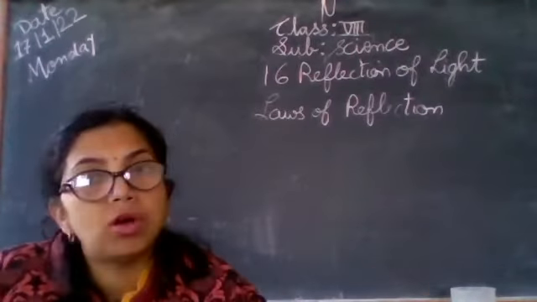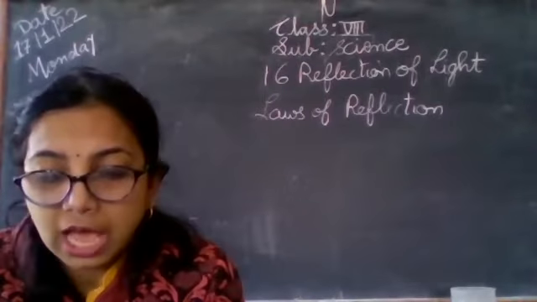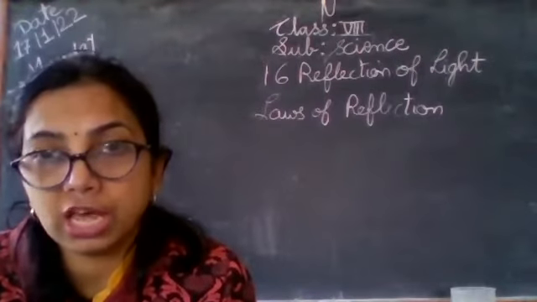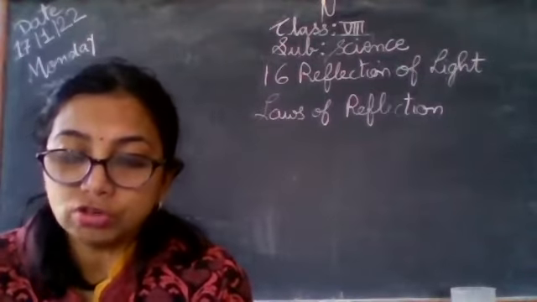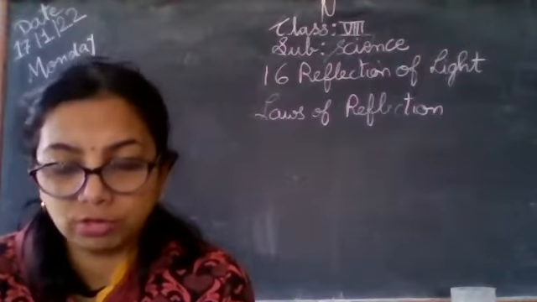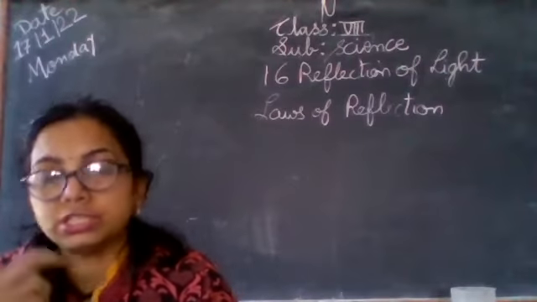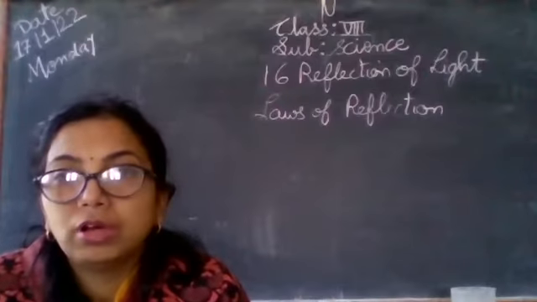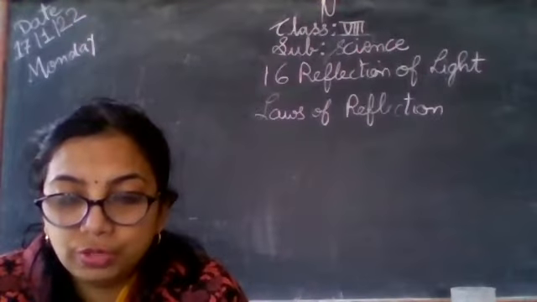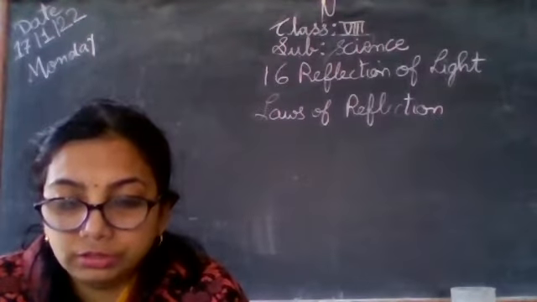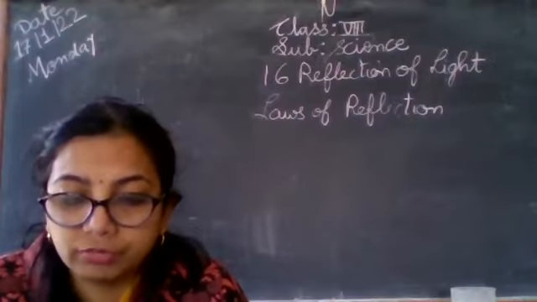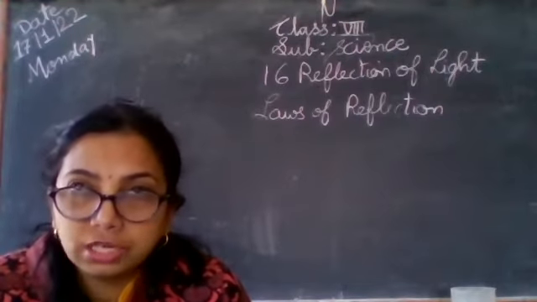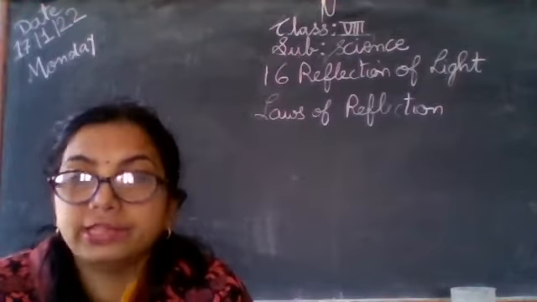We can see all the objects very clearly, and when we switch off the light, we were unable to see objects around us. So this is the way the sense of vision is done with the help of eyes.